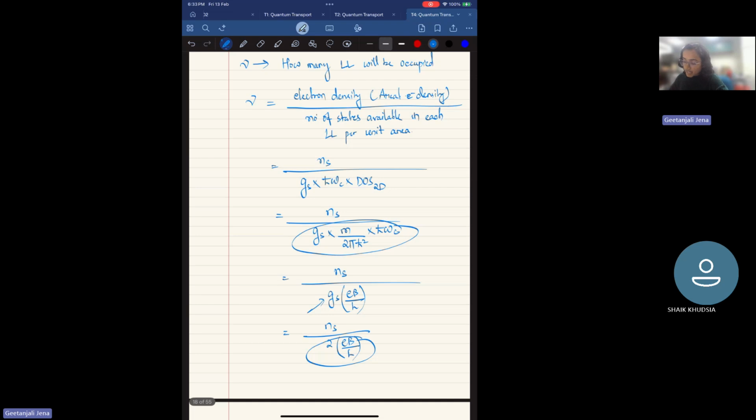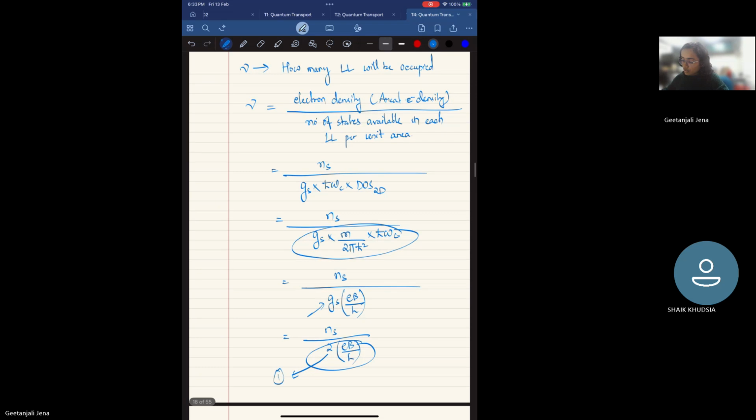And for the case where the spin degeneracy is lifted, like when there is Zeeman splitting, this factor will be 1. So each state will be occupied by one electron. The spin up and spin down will split further if the Zeeman splitting is significant.